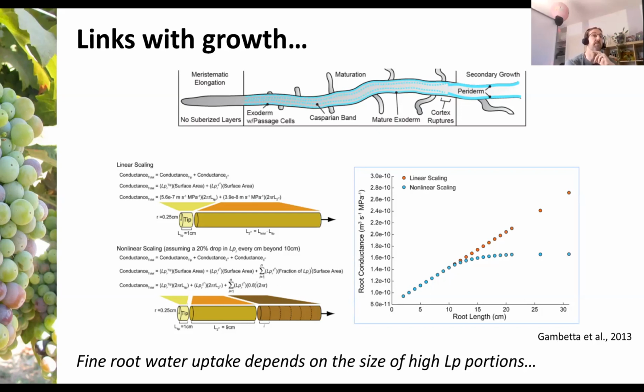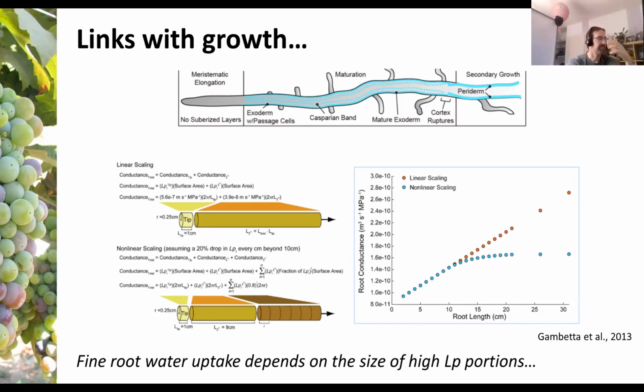This means that there may be some intrinsic link with growth itself, meaning that when roots are growing faster, they are more conductive because a larger proportion of the root is dedicated to these highly conductive unsuberized portions. And when growth slows or stops, that portion is very small relative to the rest.